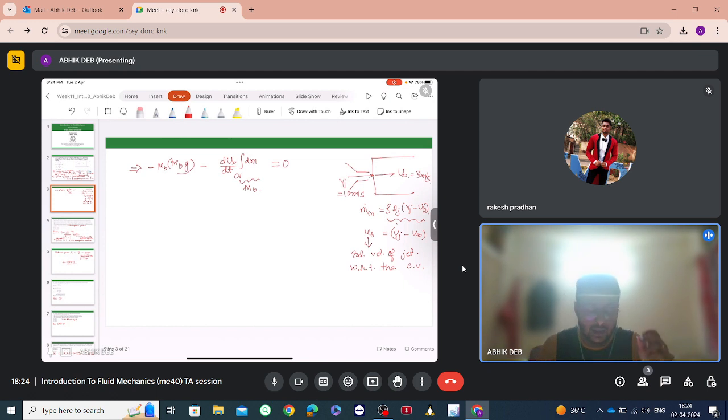If the block is stationary, then how much water jet gets into the control volume per second? It will be 7 meters, that is 10 minus 3. So the mass coming into the control volume is due to this Vj minus ub.